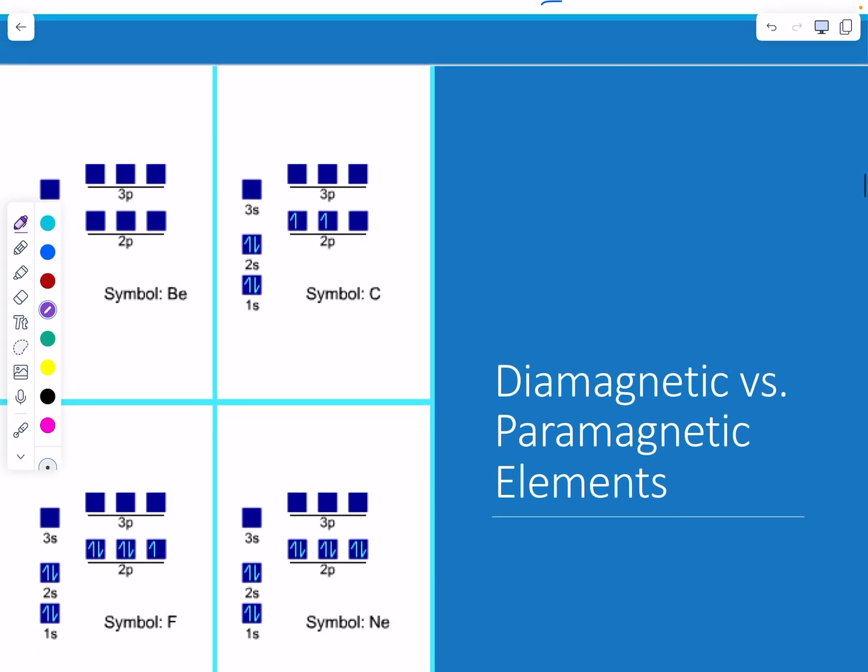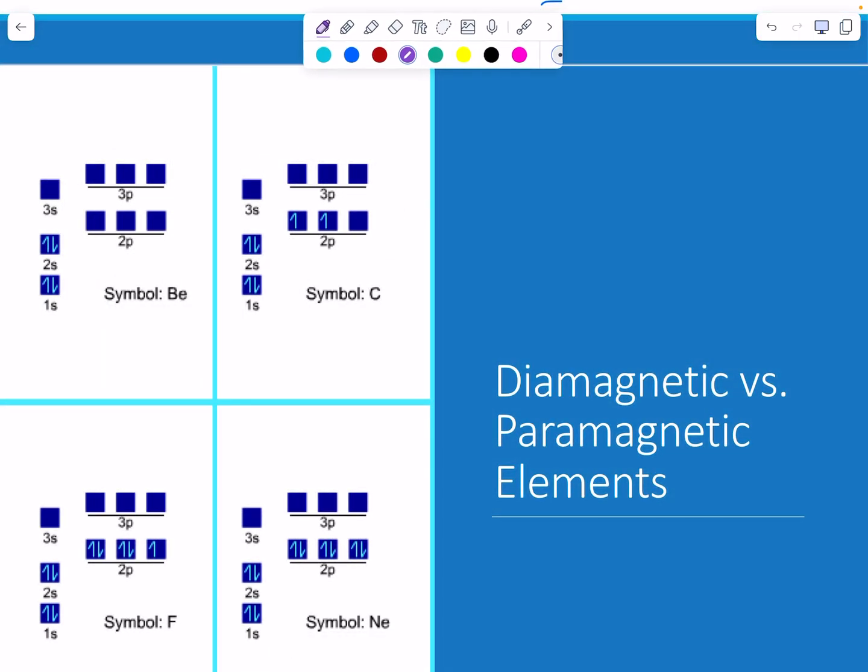Okay, so remember how we started this by talking about what makes materials magnetic? Remember that if we have something that is diamagnetic, all electrons are going to be paired.